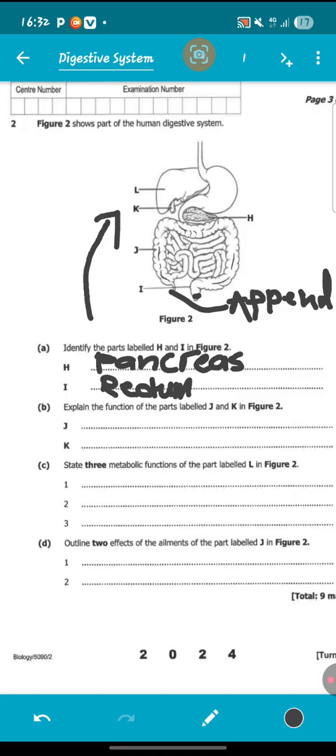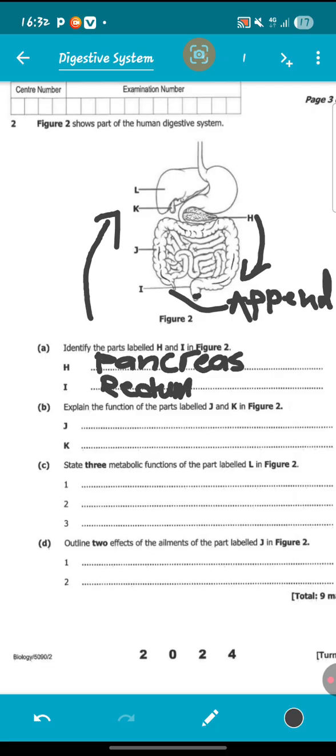Then when you're going in this direction, we call it the descending colon, or large intestine. So J is just a large intestine. What's the function of the large intestine? That's where water, mineral salts, and vitamins are being absorbed.